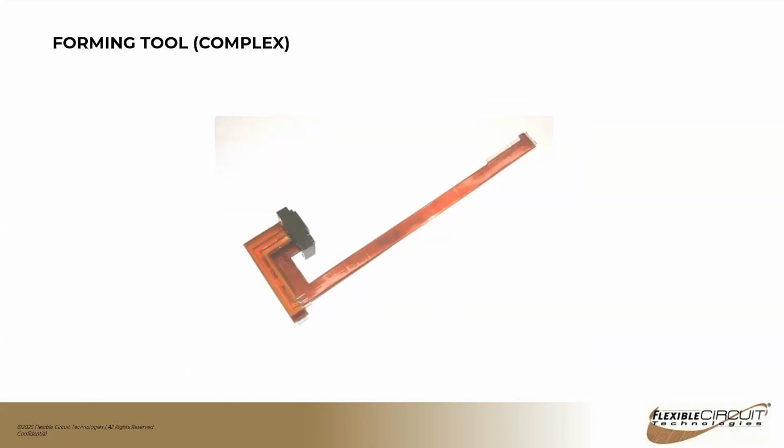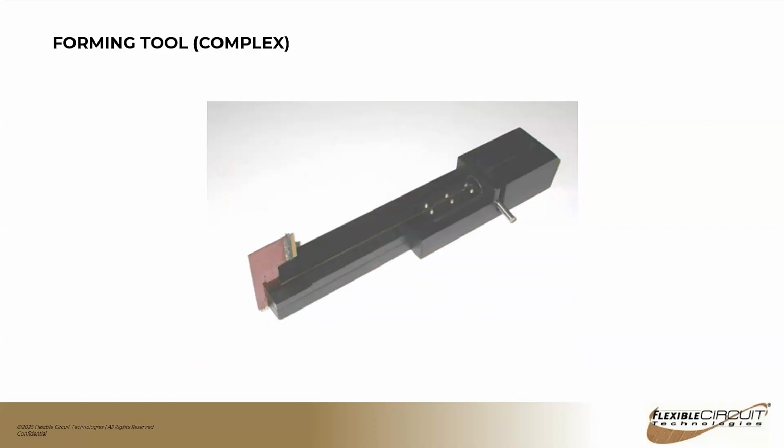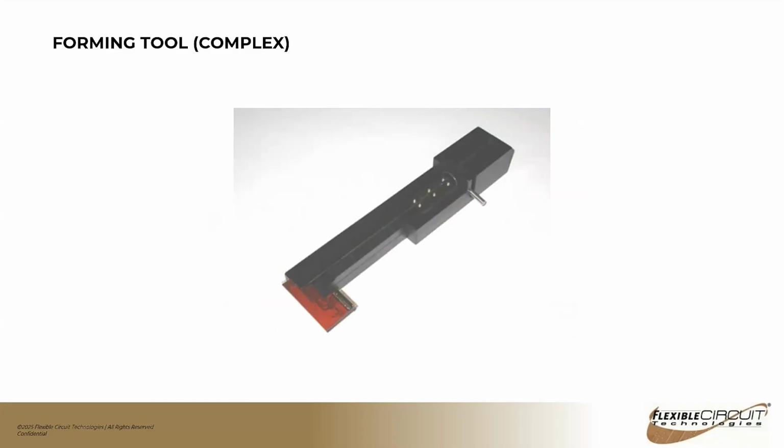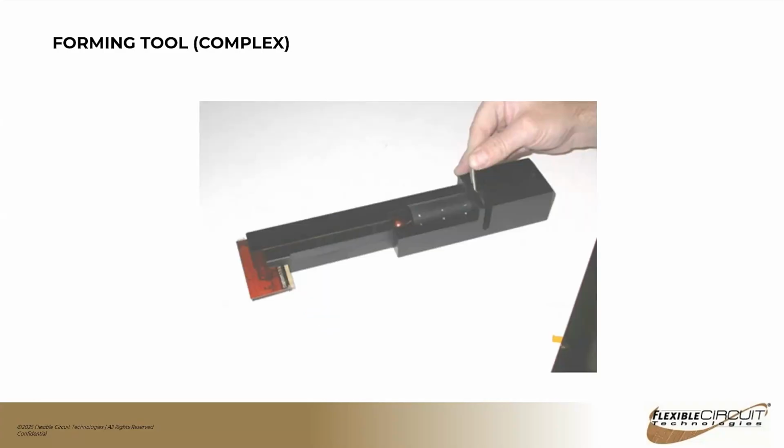A more complex tool here that we have here, you can see the part in its flat state. We have a forming tool here that actually works on different axes by manipulating the forming tool by actuating pins in the tool. You can see the pin actuation.